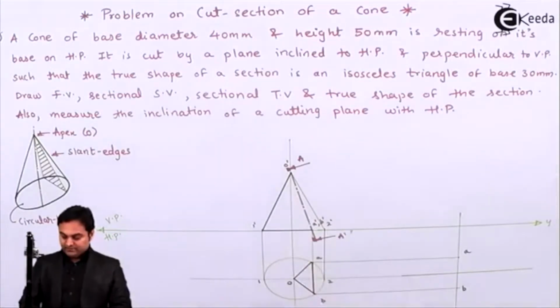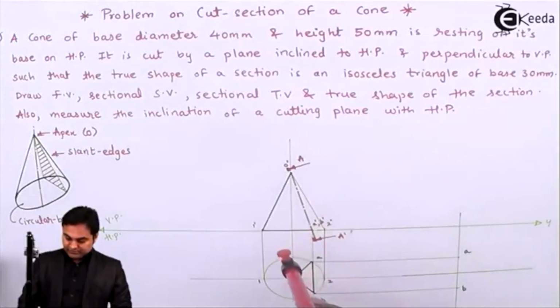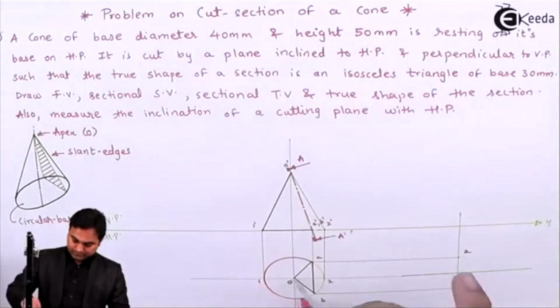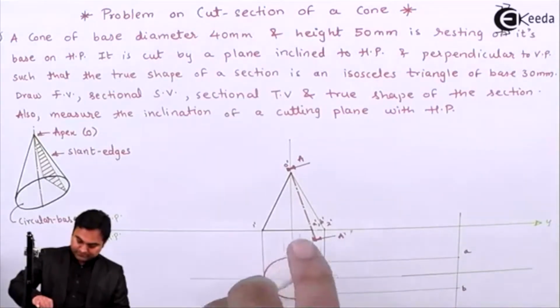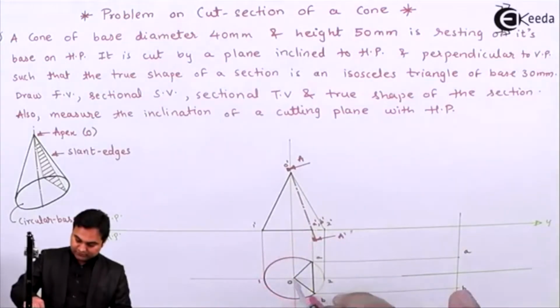Then I'll make this remaining circular portion dark. Here I am using this red pen to indicate the dark portion. So this much is the part of the cone which is retained and visible from the top.